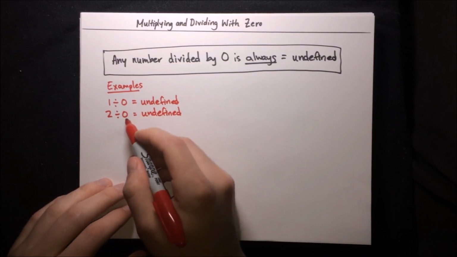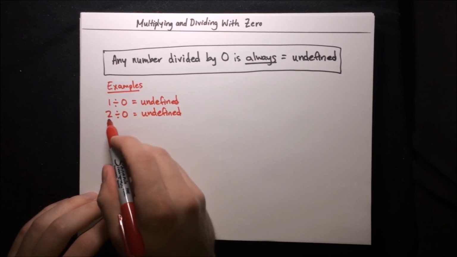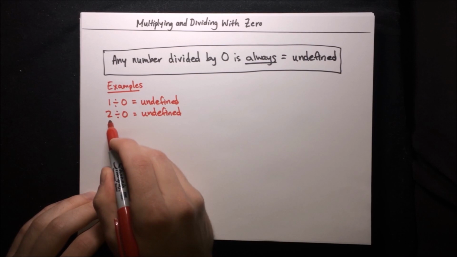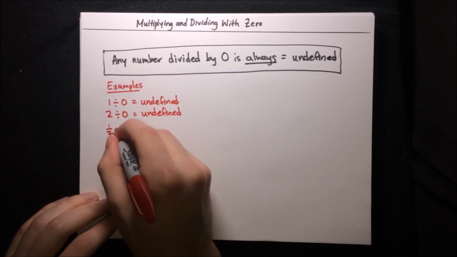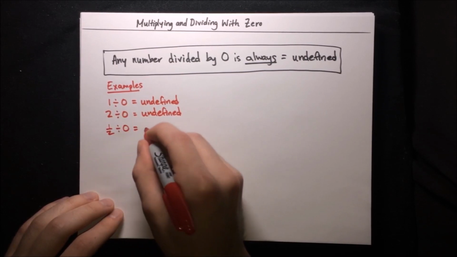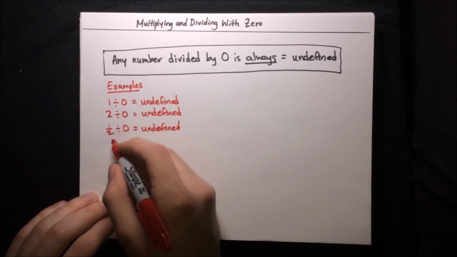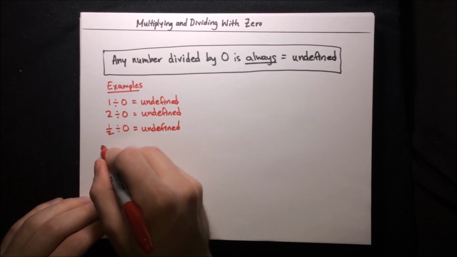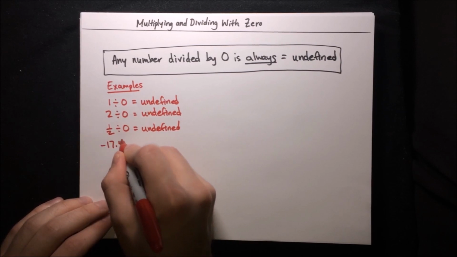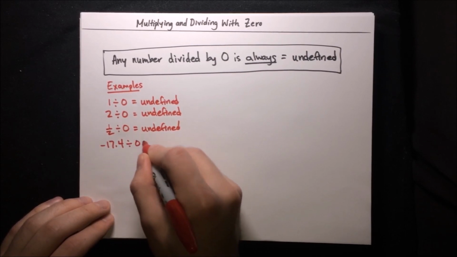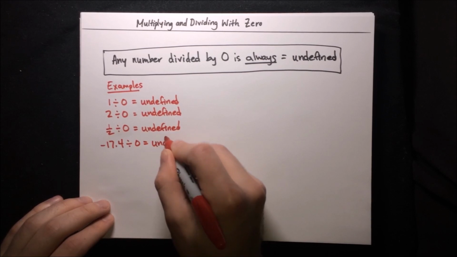You can see where this is going, but let's also emphasize that you can plug in any number for the first number. So you could take a half and divide it by 0, and your result would still be undefined. You could even take a negative number, even a decimal, maybe negative 17.4, and divide it by 0, and you still get a result that is undefined.